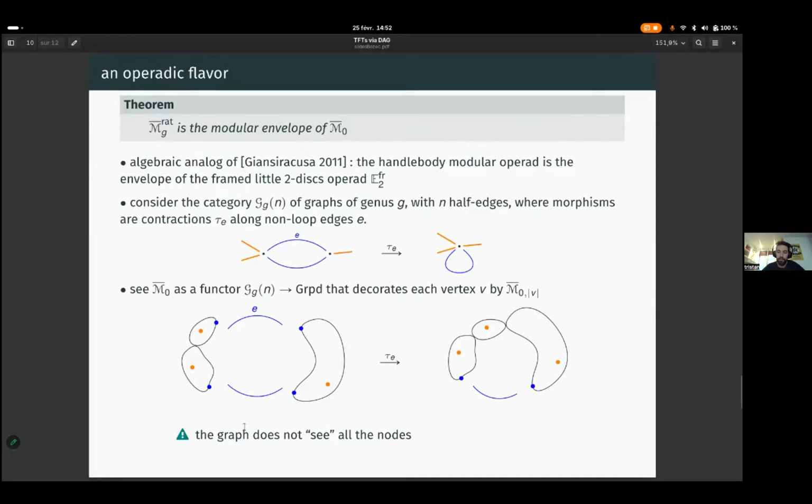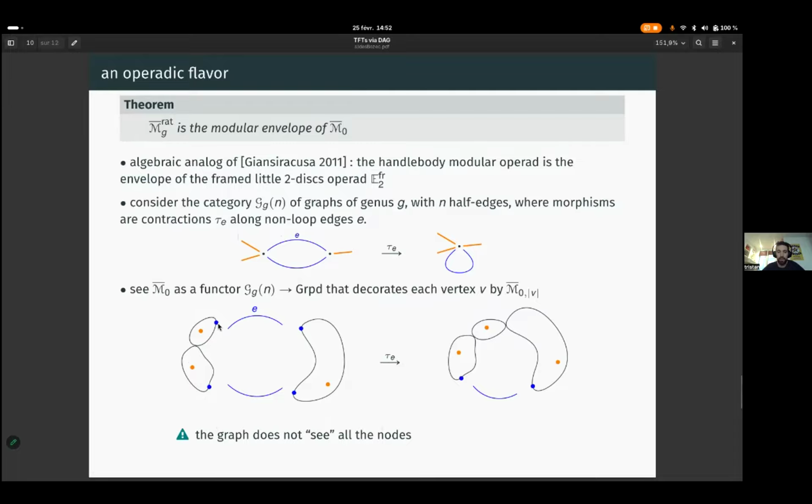What does the contraction do? On each vertex I now have two types of nodes: those induced by the half edges, and those induced by the blue half edges that correspond to actual edges in my graph.